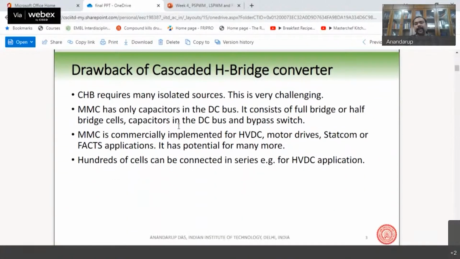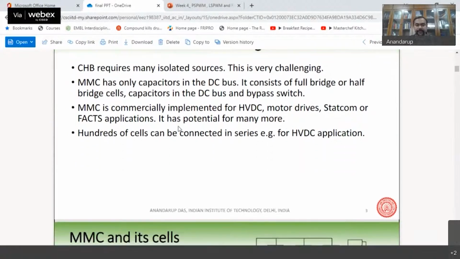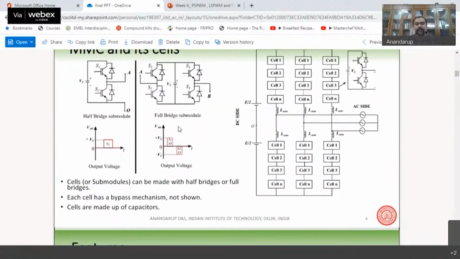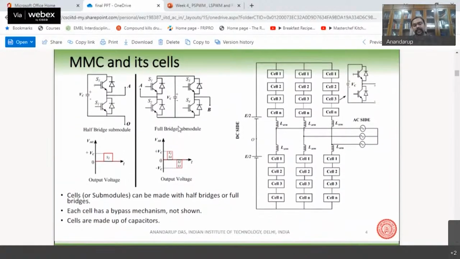One of the drawbacks of the cascaded H-bridge converter was that it requires many isolated sources. But in the MMC, the DC bus is made up of capacitors, and in HVDC applications, hundreds of cells can be connected in series. Here you can see that these half bridge cells are present, and a full bridge version is also possible.